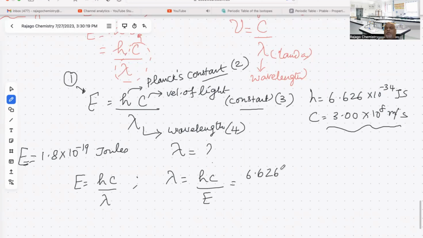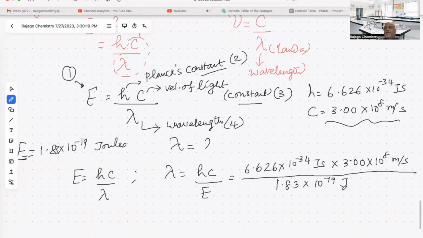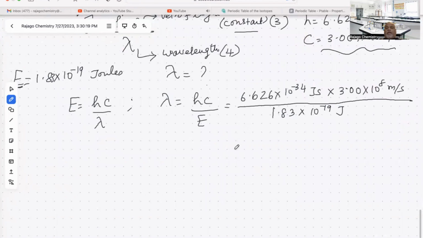I'm going to write 6.626 times 10 to the power of minus 34 joule seconds times 3 times 10 to the power of 8 meters per second divided by 1.83 times 10 to the power of minus 19 joules. That is the energy. So if I calculate this, the final answer I should end up with is 1.09 times 10 to the power of minus 6 meters.